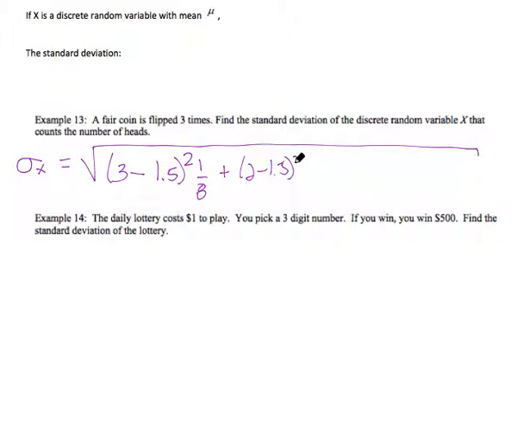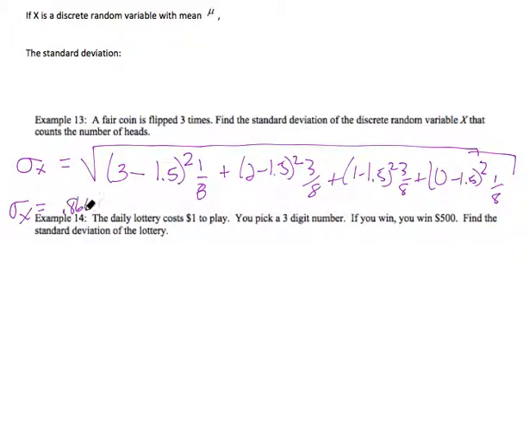Then 2 minus 1.5 squared times 3/8, plus 1 minus 1.5 squared times 3/8, and then to that we add 0 minus 1.5 squared times 1/8. We take the square root of all of that, and you get 0.866. So that is the standard deviation.